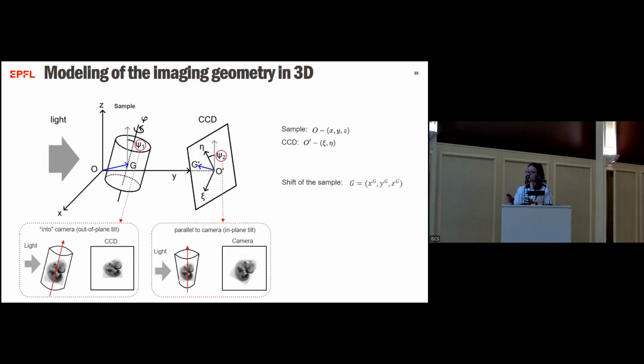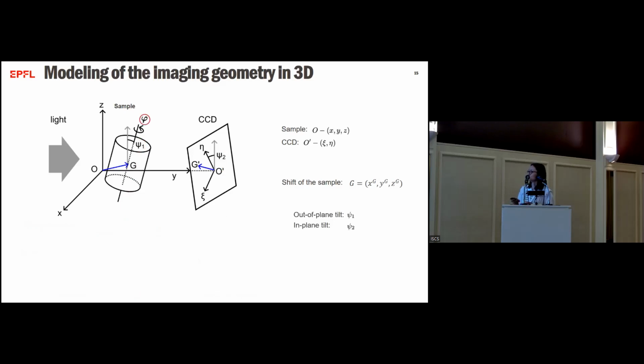The sample can also be tilted in any orientation. And we decompose this tilt into two components. The first one is a tilt into the camera. We call it out-of-plane tilt. And the second one is a tilt that is parallel to the camera, which we describe by angle psi2, which represents the rotation in the camera plane.